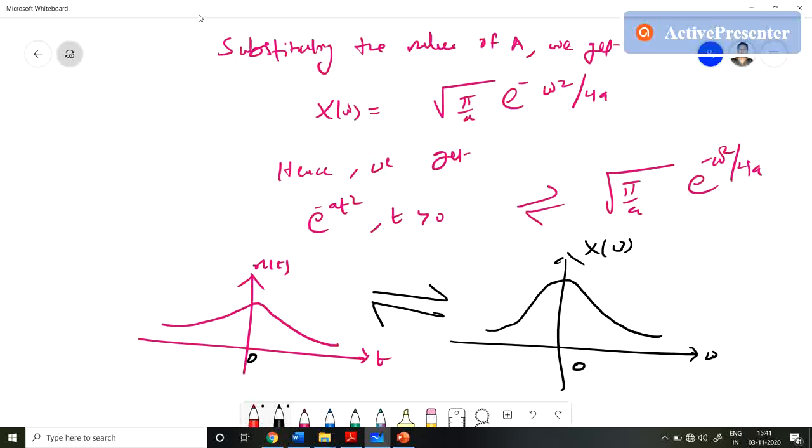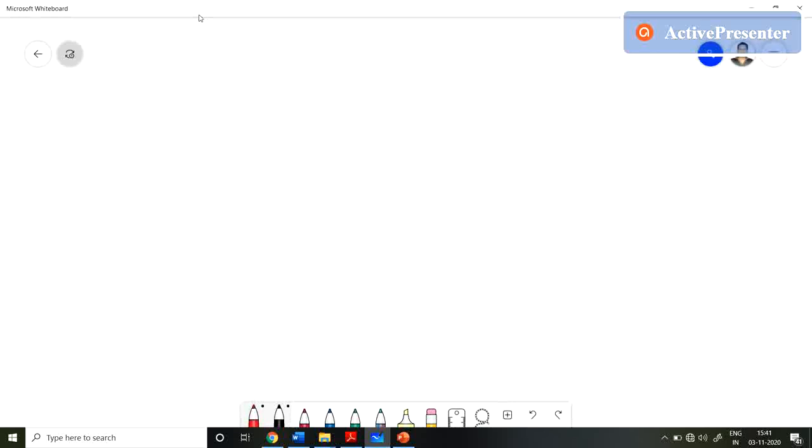Both have Gaussian shapes. So this is the amplitude, under root pi by a. So please note that.